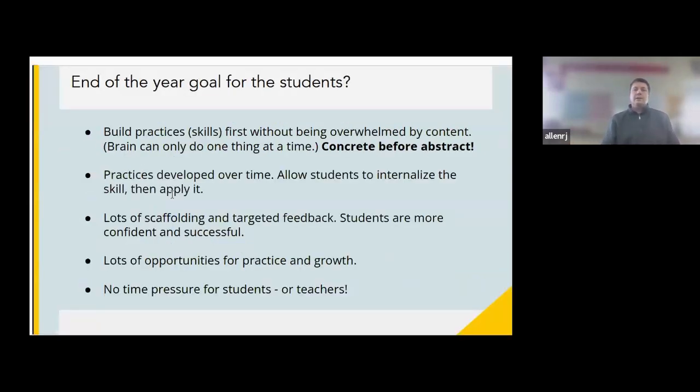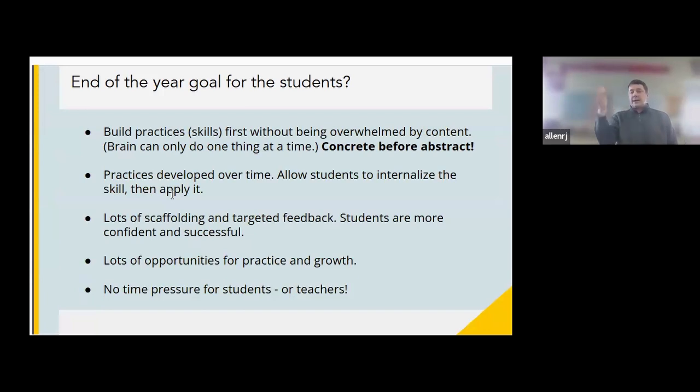And then the end of the year goal was building the practices first without being overwhelmed by content, because as you know, your brain can only do one thing at a time. My wife can tell you that. I can't watch TV and talk to her. It doesn't work very well, but we don't want the kids trying to build their skills and feel overwhelmed.